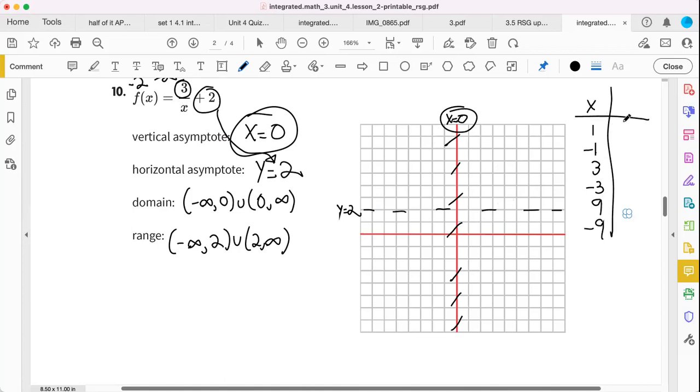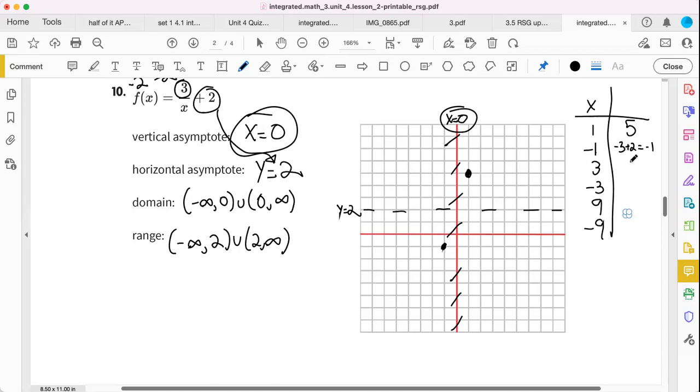When x is 1, that outcome is 3 plus 2, which is 5. So it's 1, 5. When x is -1, you have -3 plus 2, which is -1. So -1, -1.